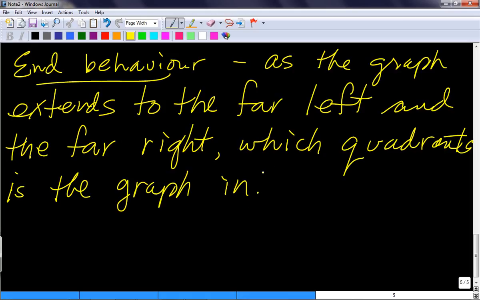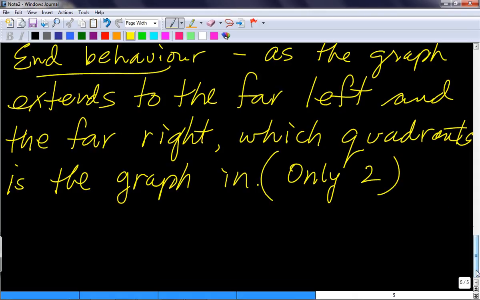So it's only 2 quadrants that you pick, okay? And you pick only 2. So there's only 2 that you consider. Only 2 quadrants. And this would be very helpful if I just gave you a bunch of examples, okay? So here come your examples.